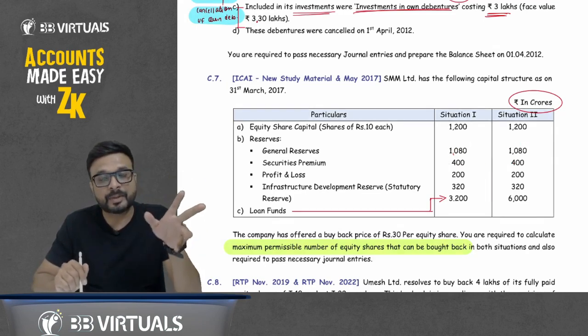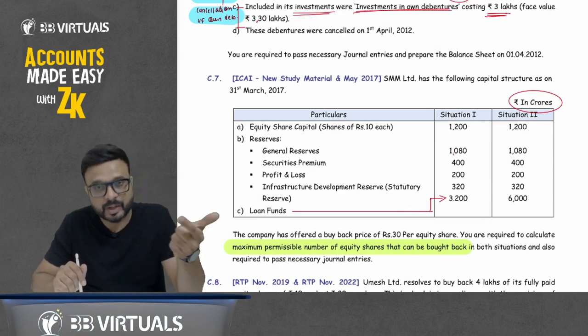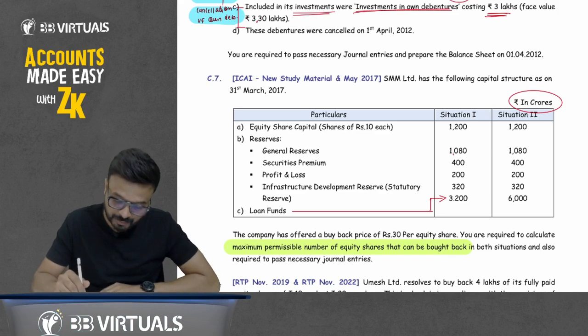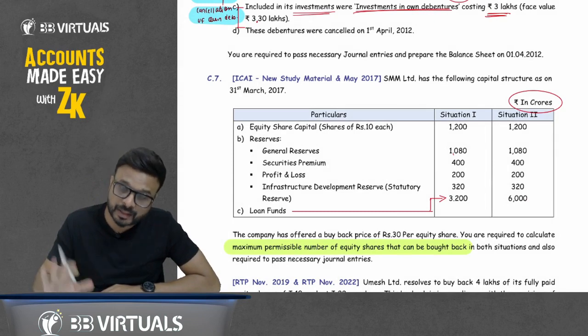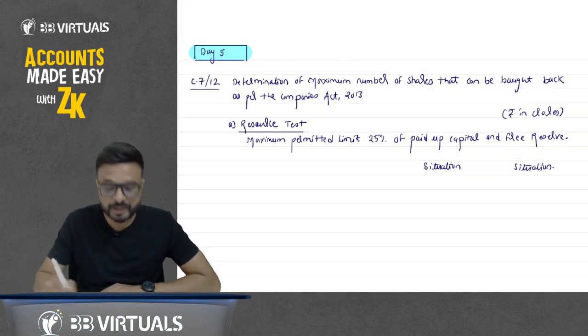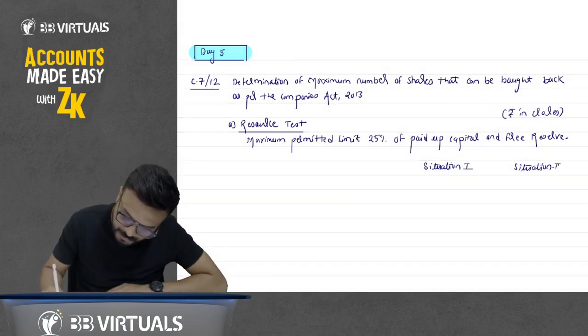So the answer under both situations will be the same under the resource test and shares outstanding test. In the debt equity ratio the amount differs here, 3200 and 6000, so there will be a difference. But it's okay, write down your situation 1 and situation 2.